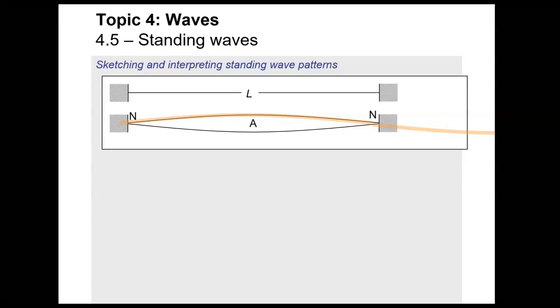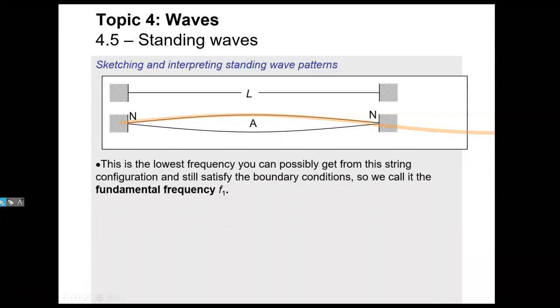And what we have here is what's called the first harmonic. Now, if you look at the length and use your imagination, and it tries to show you this on the picture here, you can see that the length of the string is actually half of a wavelength. Here you can see basically the up part of the wave, and then over here they've drawn the down part of a wave off to the side, and so this length of the string in the first harmonic is half of a wavelength.